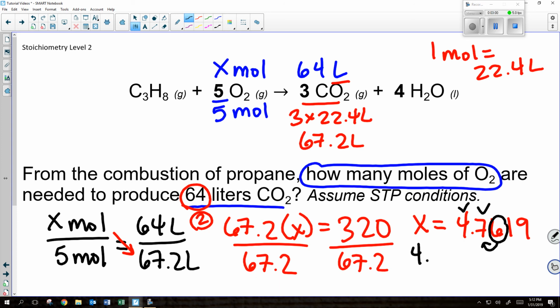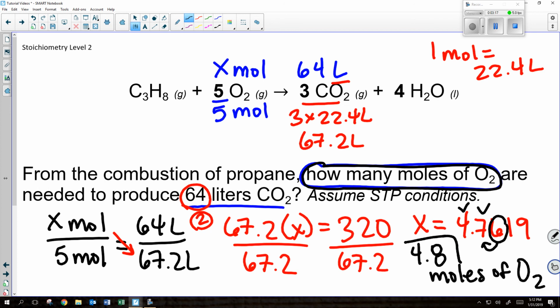And my answer becomes 4.8. And then to determine my units, I go back to this original question, asking for how many moles of O2. So my units needed in my answer are moles of O2. And that is my final answer for this question.